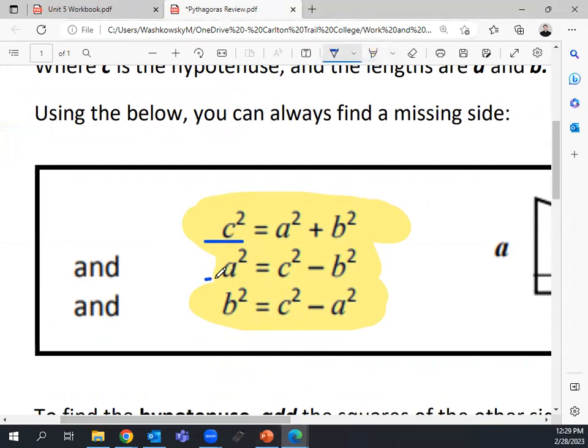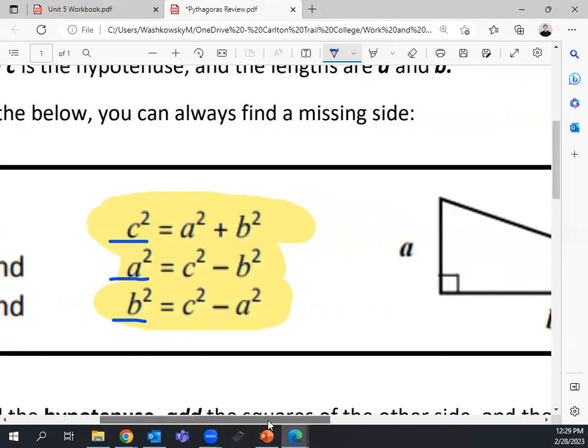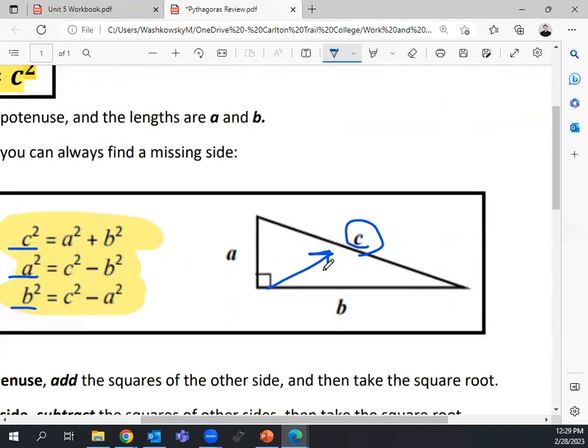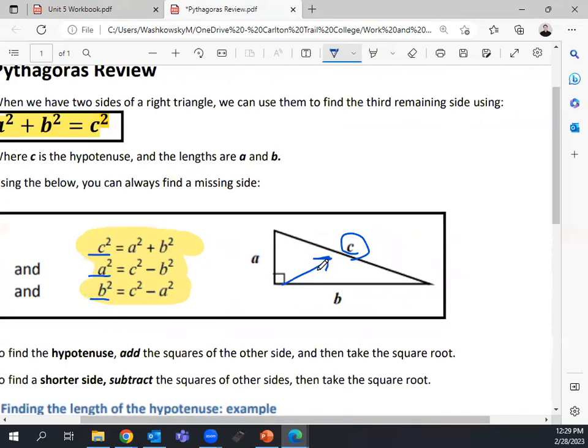If you're trying to find A, you use the one that has A by itself. Trying to find B, use the one that has B by itself, essentially. As long as you know that C is your hypotenuse, which is always opposite your right angle, you'll be okay. So again, just to summarize, the 2 things you need to know are how to use it and when to use it. Those are the 2 primary skills that you need for this upcoming unit.